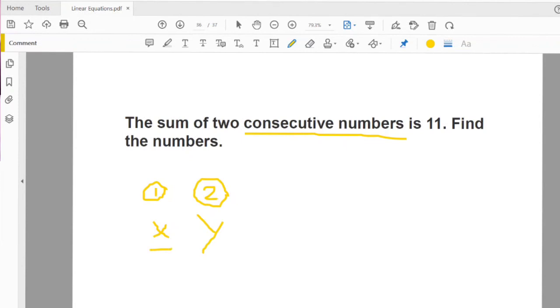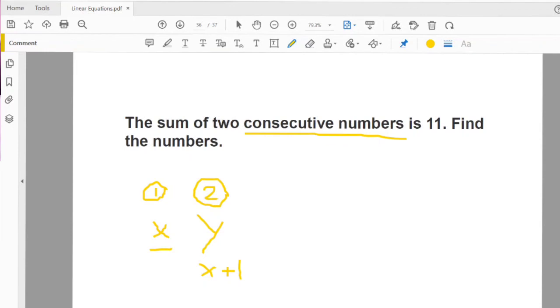So if the first number is x, the second number is x plus 1, because it is always nearby. So x plus 1 is the second number. We won't consider it y. We can consider it y as well, but it will become a linear equation in two variables, so we would need two equations to solve the question.